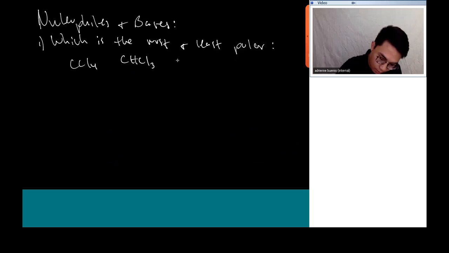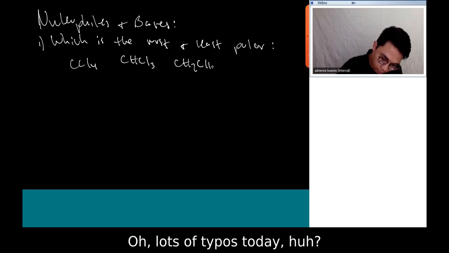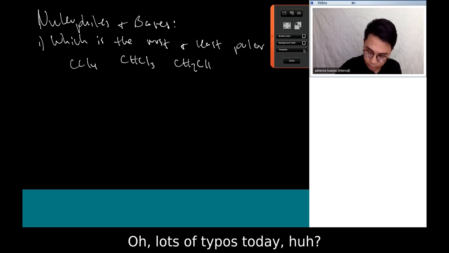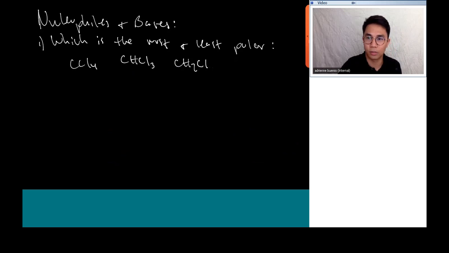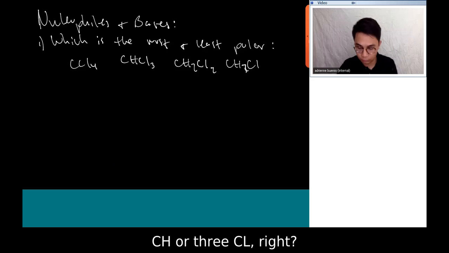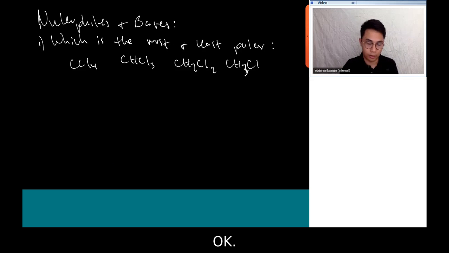CHCl3. Oh, lots of typos today, huh? This is gonna be CH2Cl2, so you guys kind of already know where this is coming from. This is going to be CH3Cl, right?